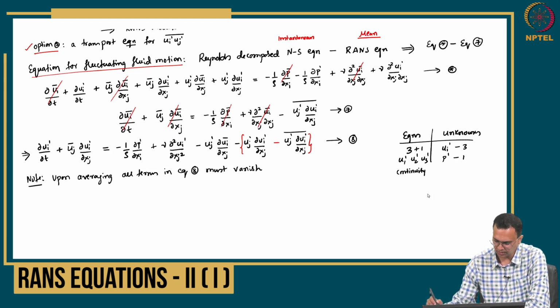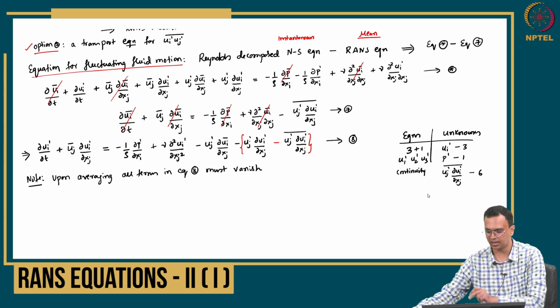In addition to that, how many unknowns are there now? I have the Reynolds stresses anyway, the uj prime ui prime average. This is giving me 6 unknowns.